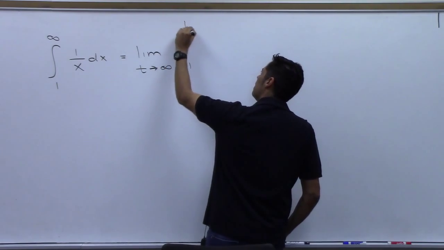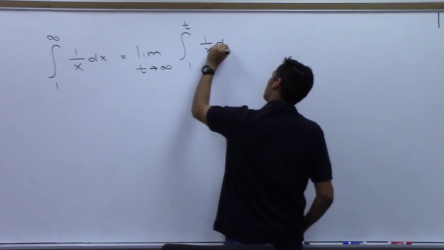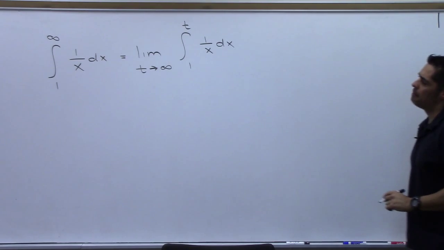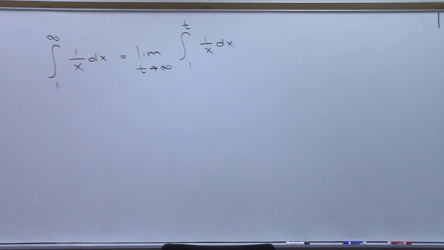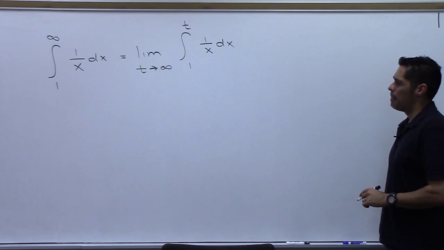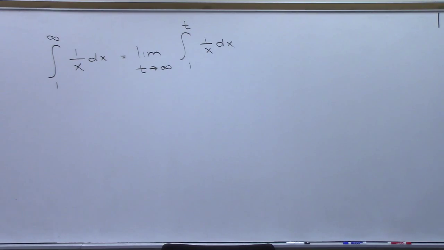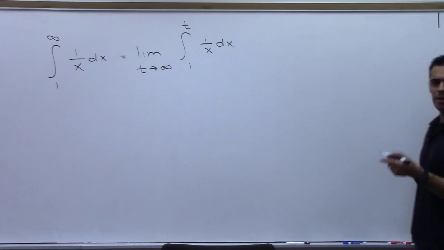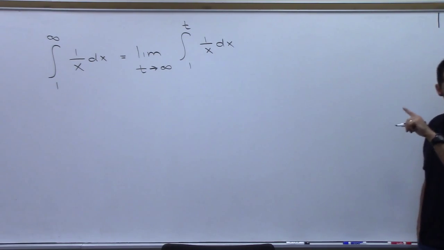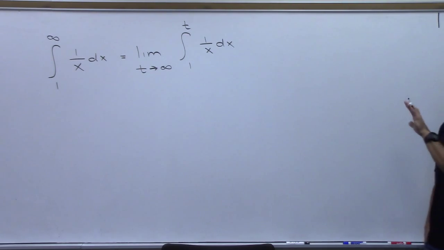Integral 1 to t, 1 over x dx. That's just the definition of the improper integral. Now what? We didn't do a number line. Is 0 in here? I should have. 0's not in there, so I'm not worried. Okay.